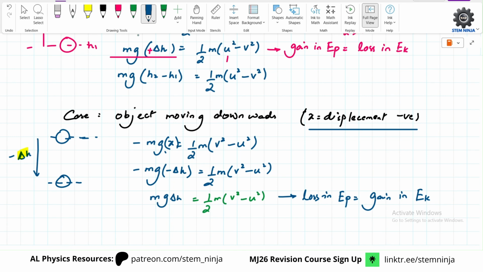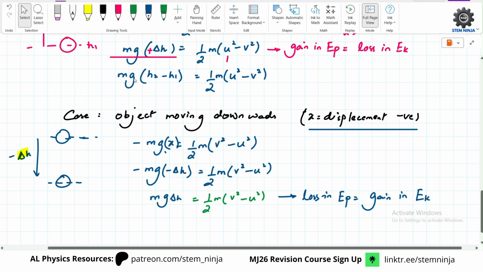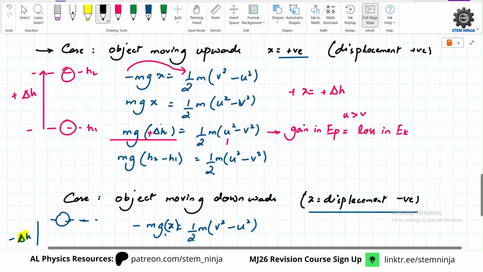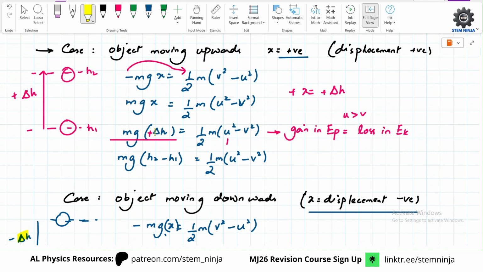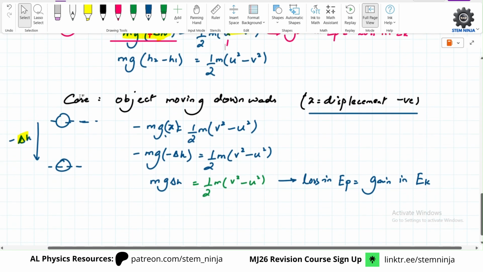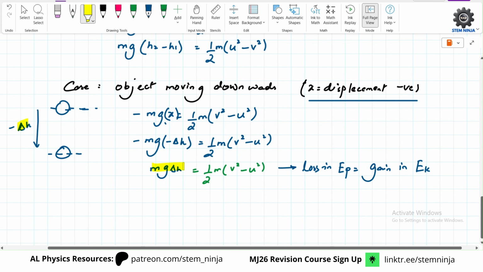So remember what's happening over here, what was happening over here also, that this time the gain, there was a gain in potential energy and loss in kinetic energy. This time there is a loss in potential energy and gain in kinetic energy.